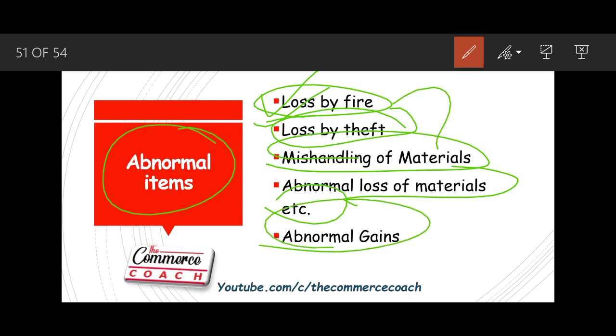Abnormal gains. If you are not considering abnormal loss, then why would you consider abnormal gain? Simple as that. Abnormal gain means, suppose we take the condition of today's scenario.